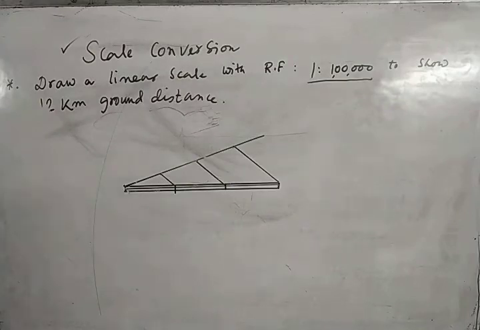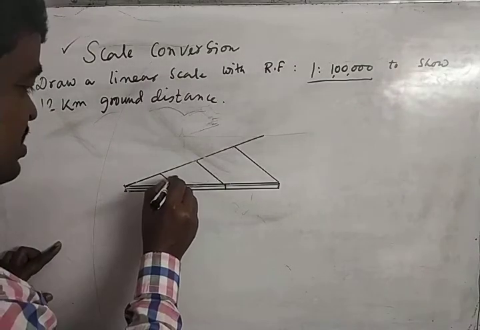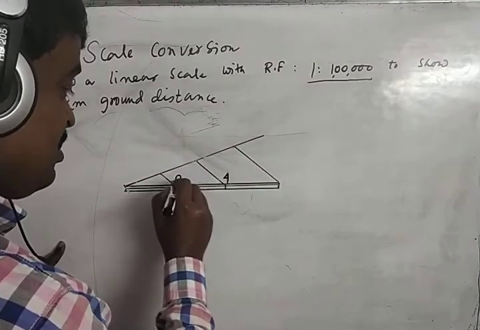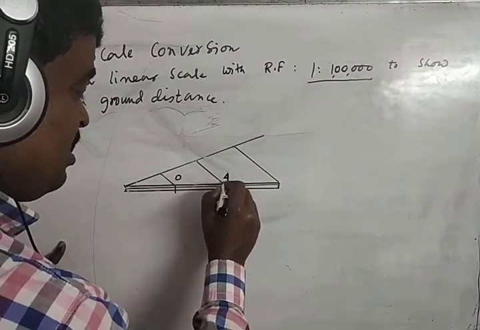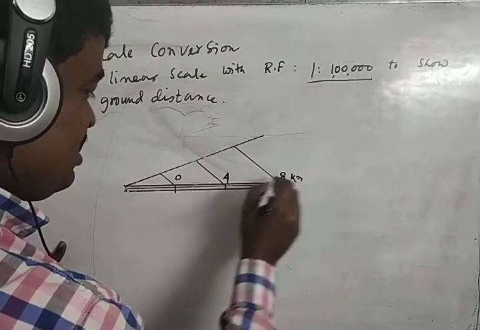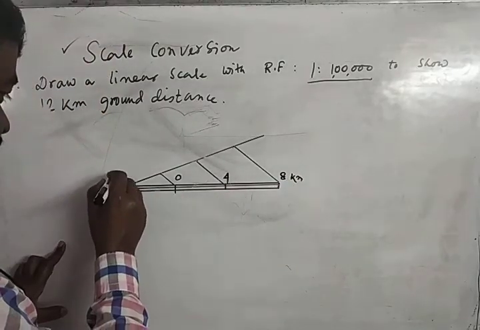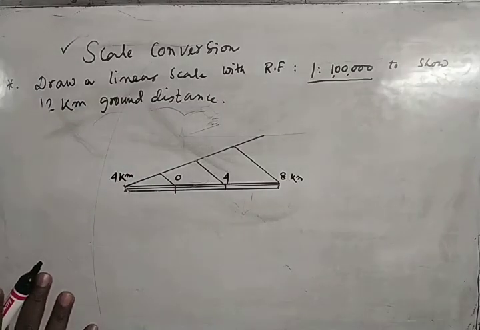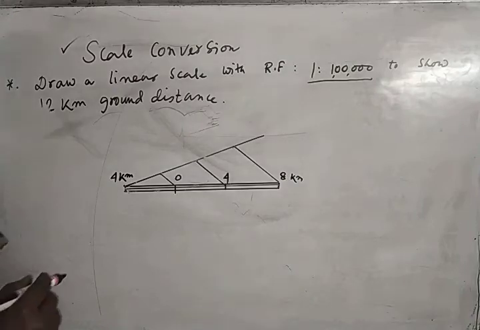So my primary division is over. Here it is 0. Then one primary division is 4 kilometers. So 0 to here 4. 4 and 4, 8. Cumulative 8 kilometer. And 0 to here is again 4 kilometer. Okay.